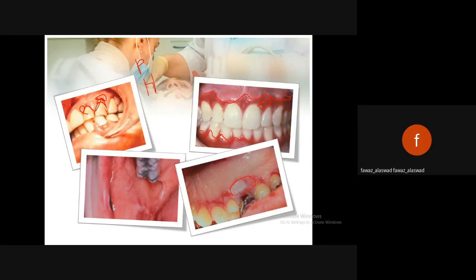Then we have to know the attached gingiva, the mucogingival fold, enlargement of the gingival area, and whether the gingiva is bleeding. We have to investigate the previous history, whether vitamin C or vitamin K deficiency, or whether there is liver involvement. And the gingiva is mostly associated with autoimmune diseases.